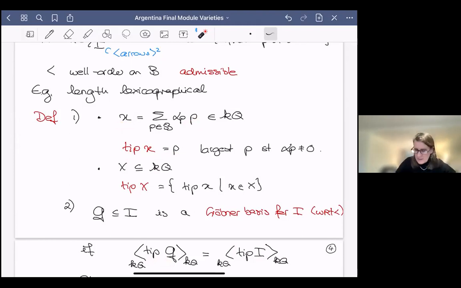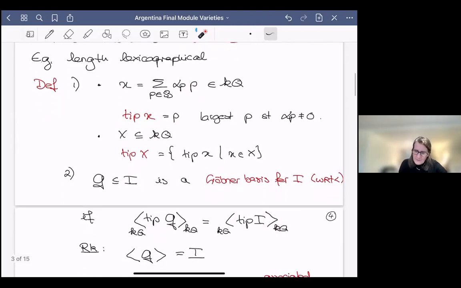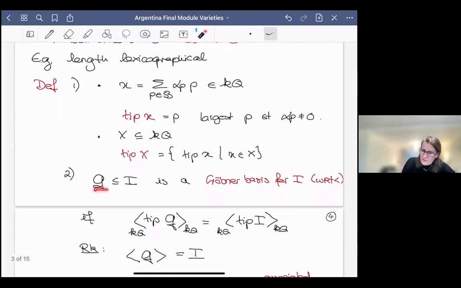So these are both monomial ideals, and I always think of them as sitting at the top there. It's quite remarkable that if G is a Gröbner basis and we have this equality of monomial ideals, the Gröbner basis generates the whole of the ideal.